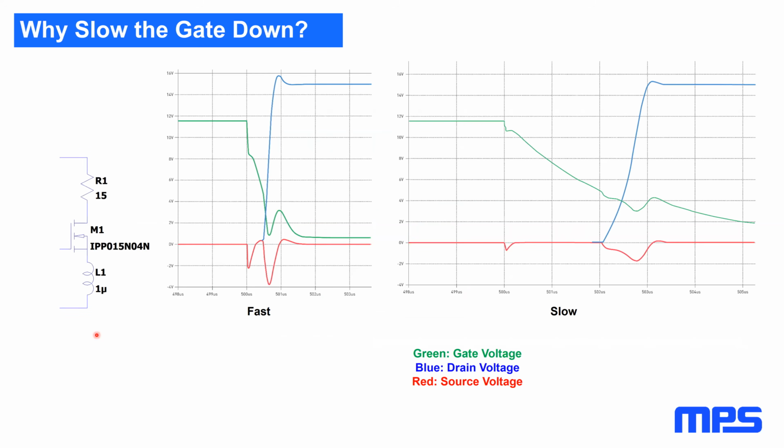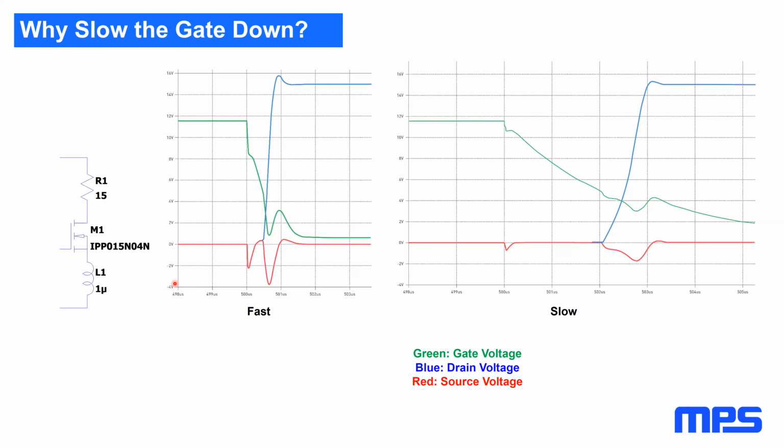Get all that? Yeah. No, the reference is ground, which is at the bottom of this inductor, okay? So this is the reference for the waveform, 0 volts. The red trace is the voltage on the source, which is above this inductor. That's why it goes negative, right?